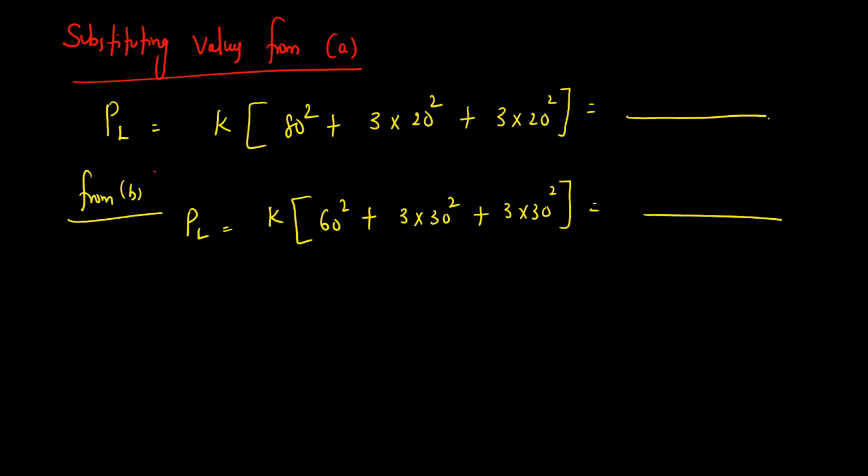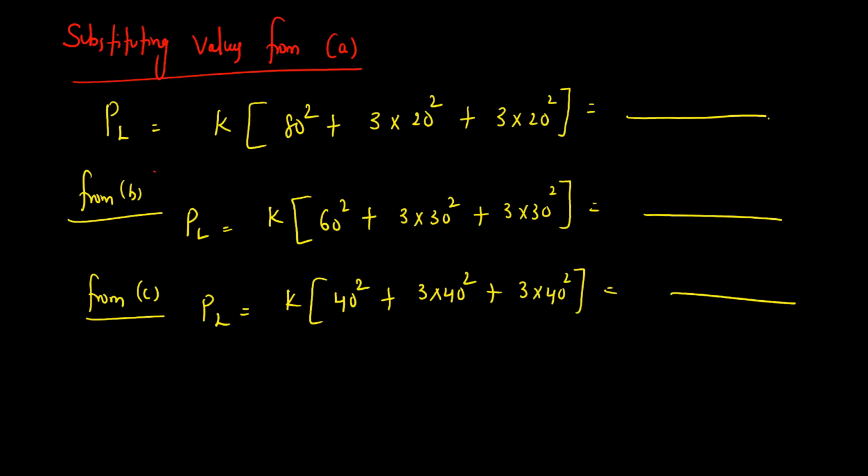From option C, PL is equal to K into 40 square plus 3 into 40 square plus 3 into 40 square. From option D, PL is equal to K into 30 square plus 3 into 45 square plus 3 into 45 square.